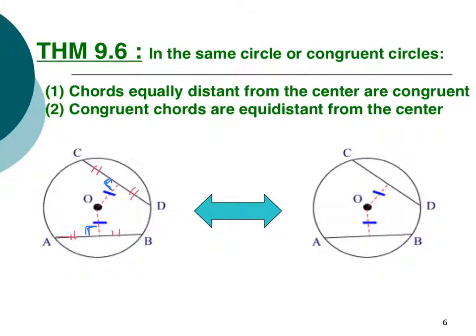And because these two chords are congruent, you start to see everything kind of folds in on itself. Since those chords are congruent, we also know these arcs would be congruent. And then you can also go vice versa. If I start with the chords being congruent, then I can conclude that they are equidistant along a perpendicular. So I could draw those perpendiculars in there.